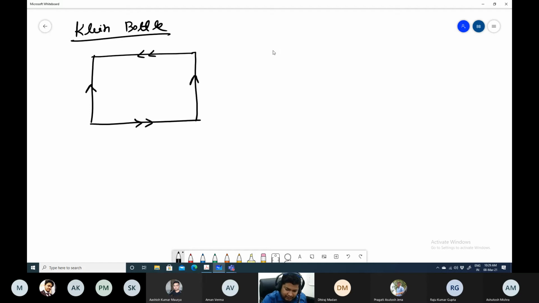So by identifying, we first get a cylinder. Then we have this identification with the reverse one.